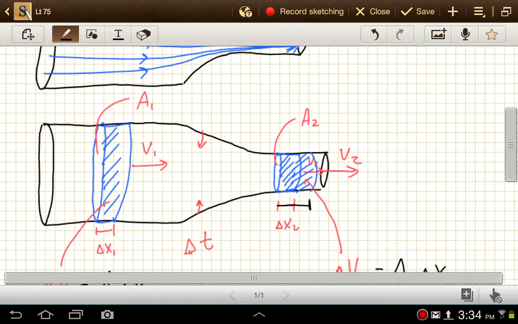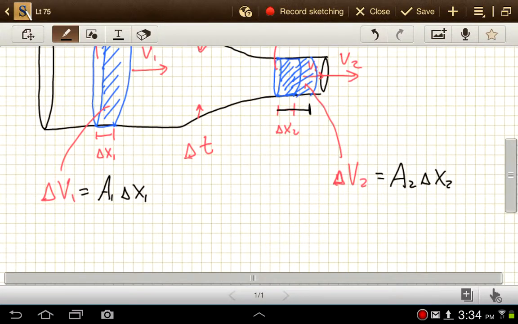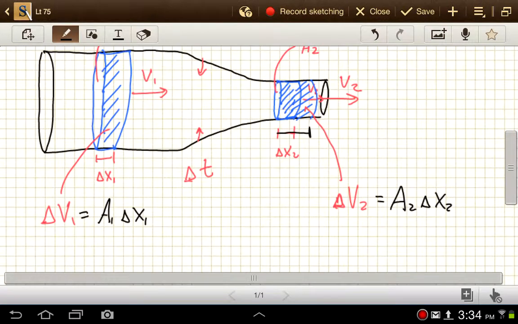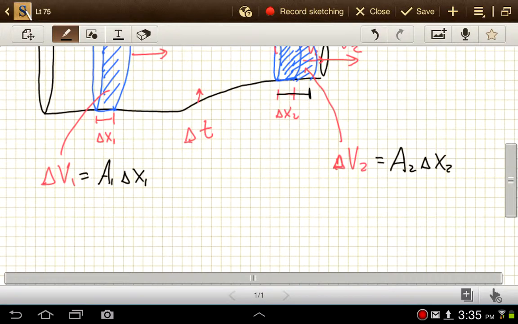Okay. Now, A1 delta X1. If we wanted to know how far that little section of water had traveled in a certain amount of time, we could calculate that if we knew the velocity for this, and that's a variable that we have set up as well. So let's change this. Delta V1 now is going to be equal to A1 still, but instead of delta X, I'm going to write this as speed times time.